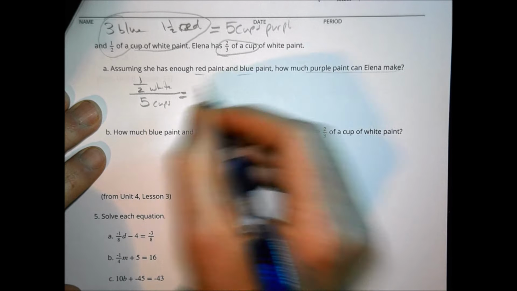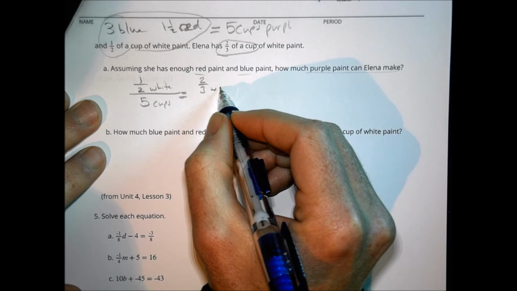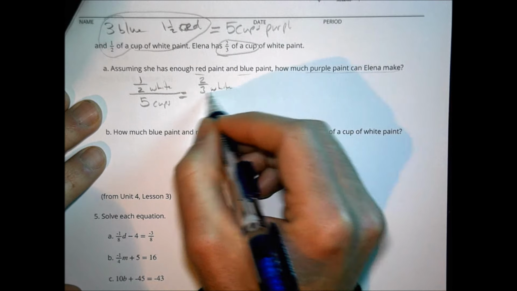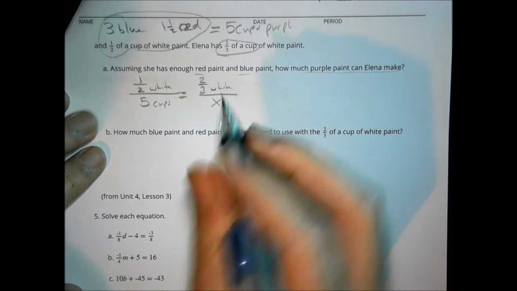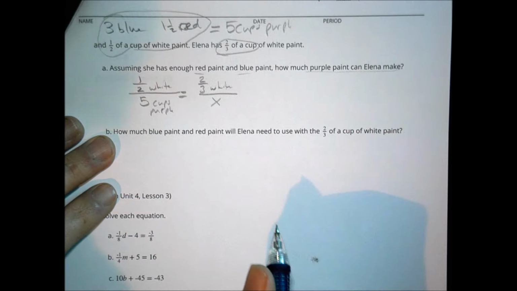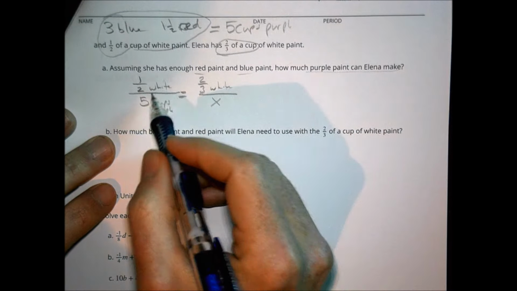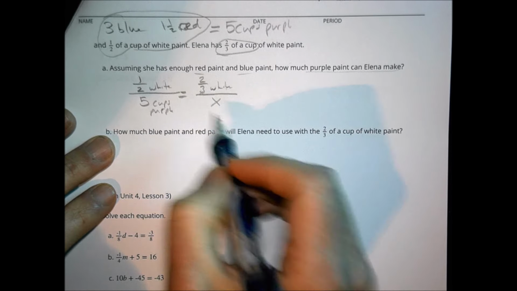Now, we know that she has currently 2/3 cup of white paint, and the question is, how much purple paint can she make? So we don't know. So 5 cups of purple is what we're making. So that becomes our ratio. 1/2 white over 5 cups of purple is equal to 2/3 white over I don't know how much purple.